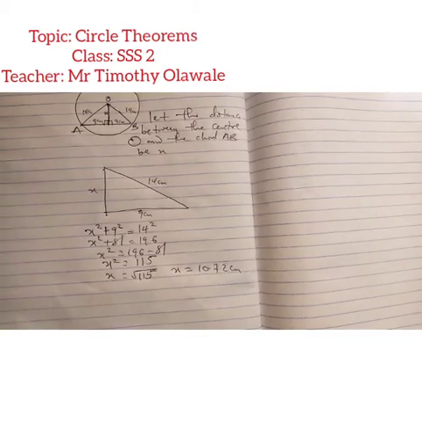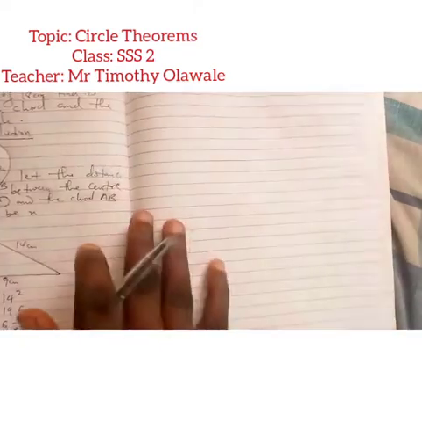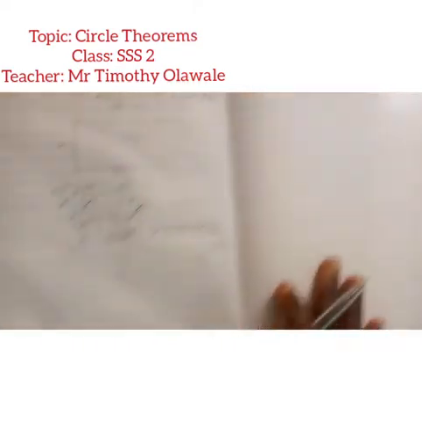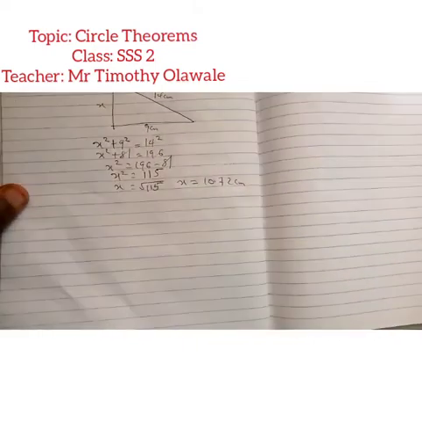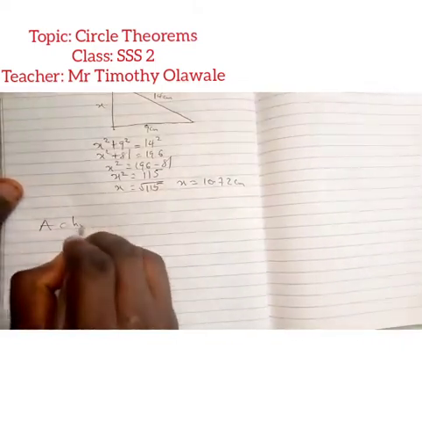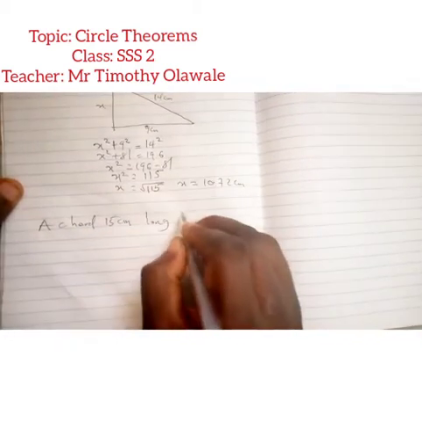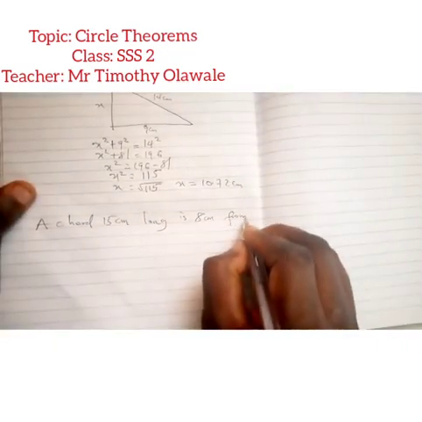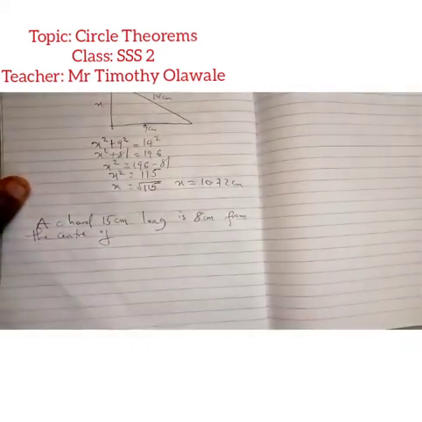All right, so let's take one more example for the day. Pay attention to this. A chord 15 centimeters long is 8 centimeters from the center of a circle.